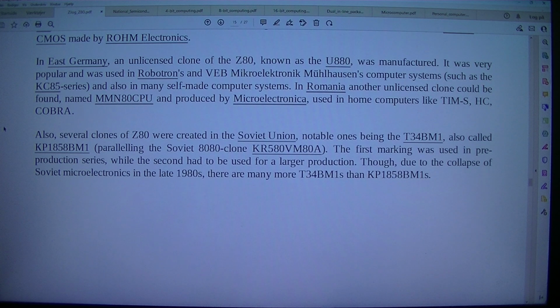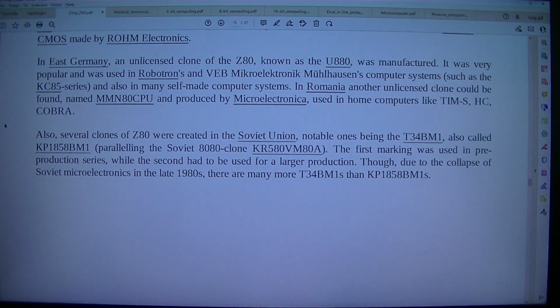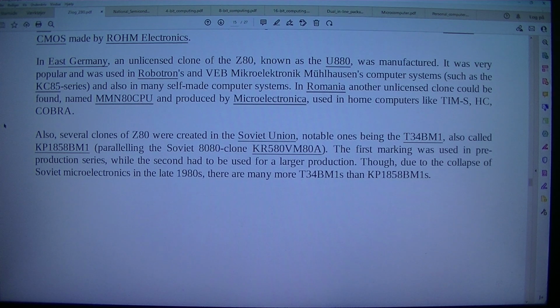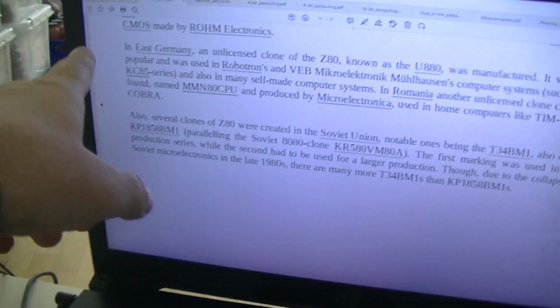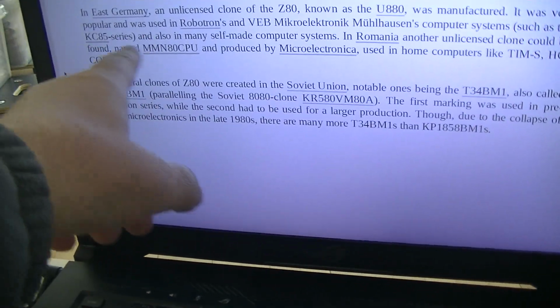Yes, small break again. I think it would be very hard to find these clones. I have to download something about this, but I'm not going to hunt for that.